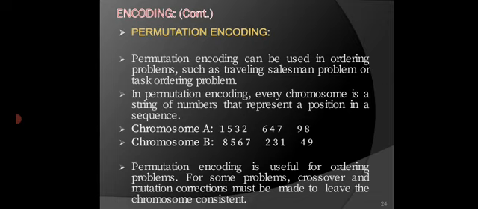In permutation encoding, every chromosome is a string of numbers that represent a position in a sequence. Say chromosome A, permutation encoding as a number, say 153264798, like that. Permutation encoding is useful for ordering problems. For some problems, crossover and mutation correction must be made to leave the chromosomes consistent.